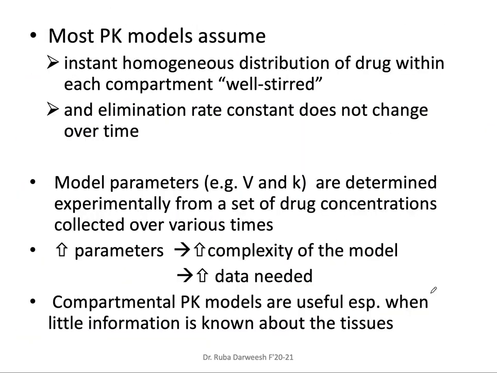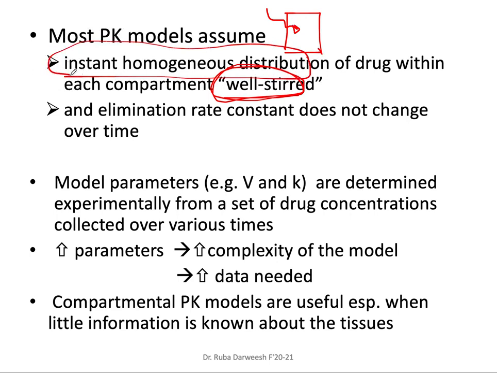One of the other assumptions that we usually consider is that each compartment, which is a box, we usually assume has a well-stirred definition, or we call it a well-stirred compartment, which means that once the drug is entering that compartment, whatever that compartment is representing, either the whole blood or a group of tissues, central or peripheral, we have instant homogeneous distribution.